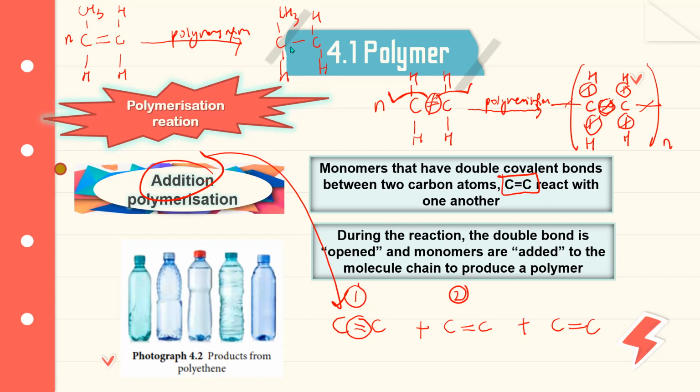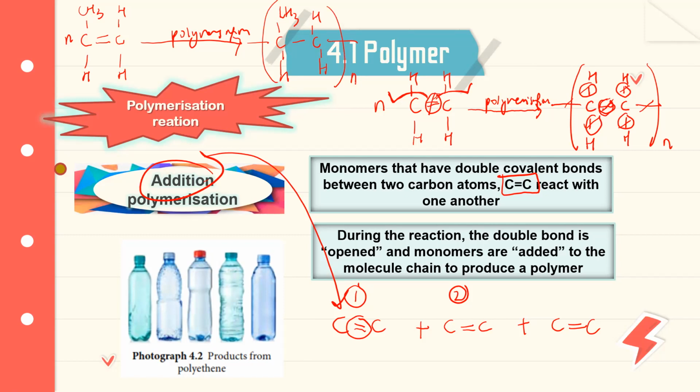And you add 2 more wives. Where do I add 2 more wives? Anyone else? Thank you, Rishi, for trying. But the rest also can try. Rishi has to answer all my questions. Anyone else who wants to try? Okay, if not Rishi, let's not waste time. Rishi, give me the answer. Add 2 wives and then close the bonds and write n. Very good. That's it. That's all you need to know.